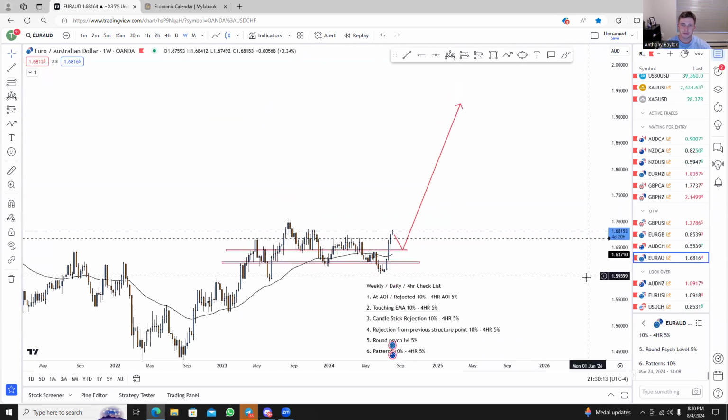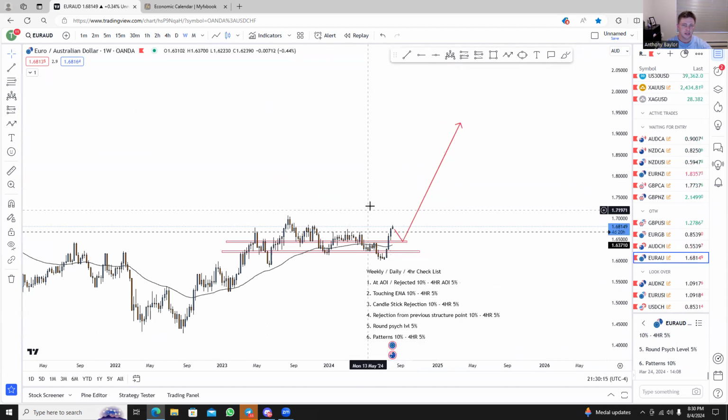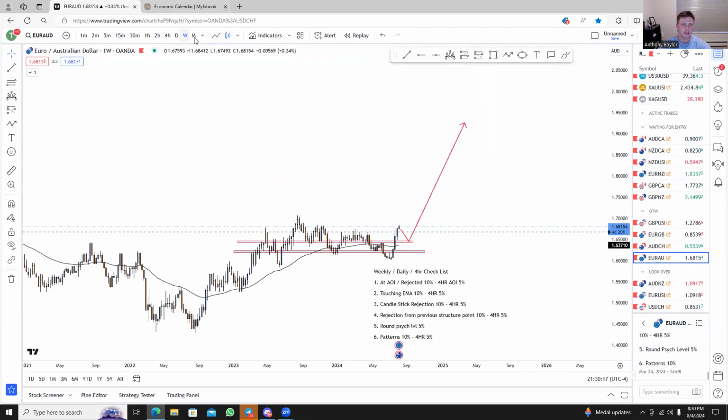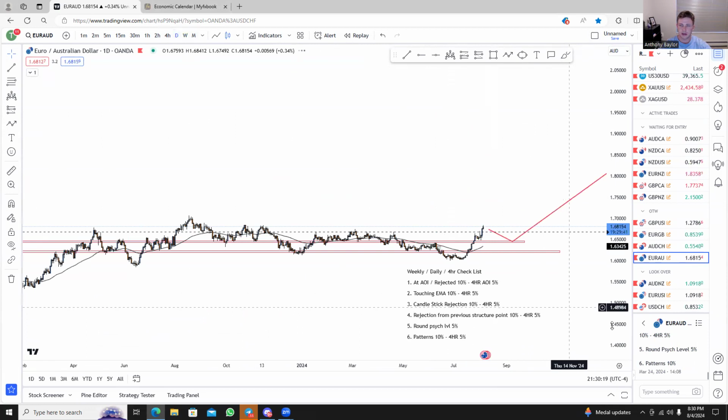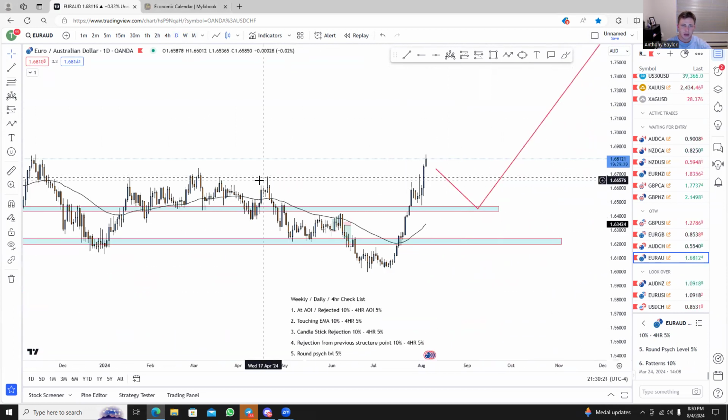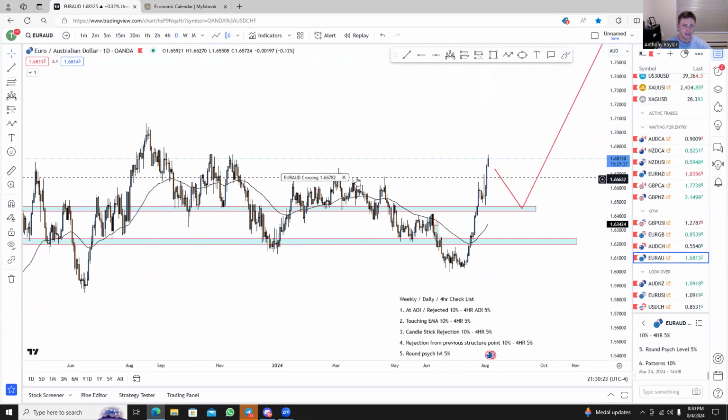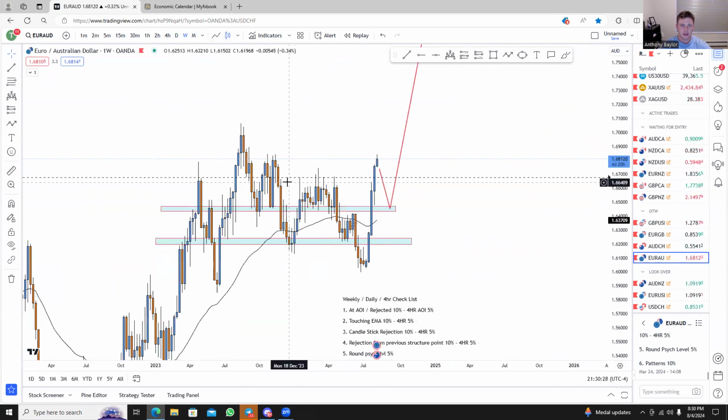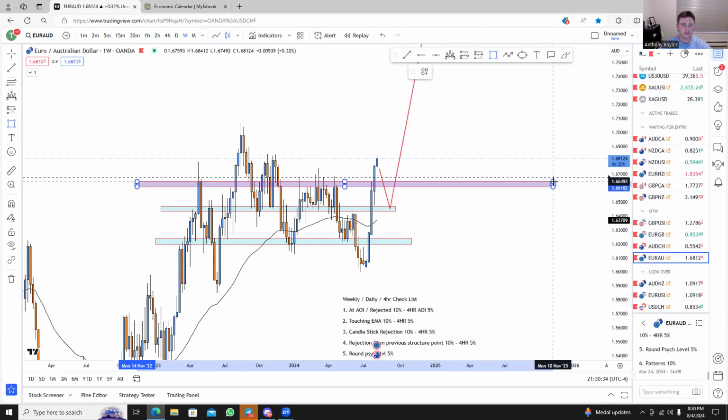Same thing with this one. I ain't touching it until it breaks. I can zoom in if you want, but I need it to retouch this high, this zone right here. As you can obviously see on the weekly chart, there's a zone right there on the weekly chart.